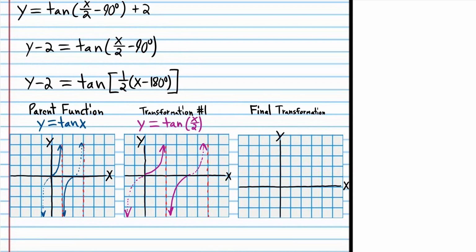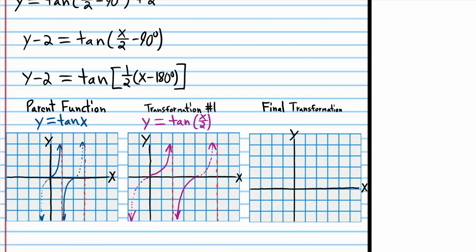And now we're going to translate. So we're going to subtract 2 from y. That's going to move the graph up 2 units. And we're going to subtract 180 degrees from x.